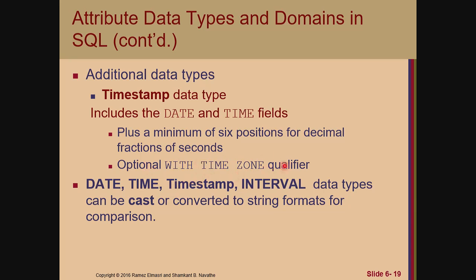We have the option of time zone also. Moreover, we have date, time, timestamp, and interval. Data types can be cast or converted to string format for comparison. If you have start date, end date, you can calculate the interval time between start date and end date, right? Also time.